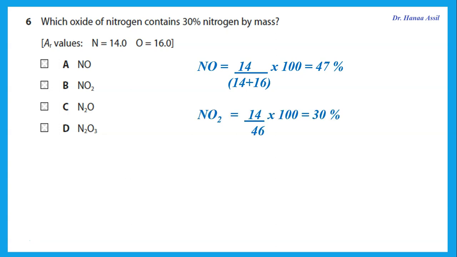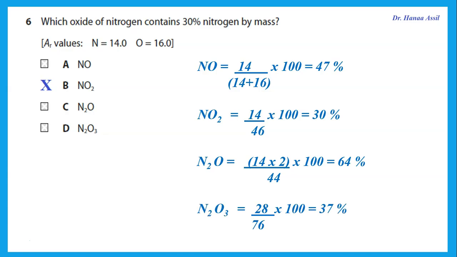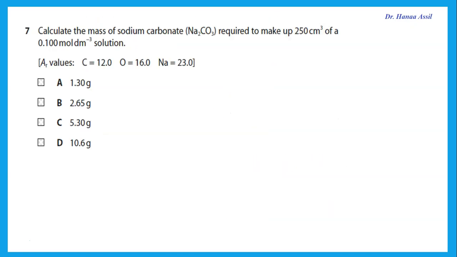For NO2, it's 30, so that's the one I'm looking for. N2O, remember we have two nitrogens, so that's 14 times 2 over the MR times 100. N2O3, I have two nitrogens, so that's again 14 times 2 over the MR times 100. So we're looking for the one that is 30%, and that is B.